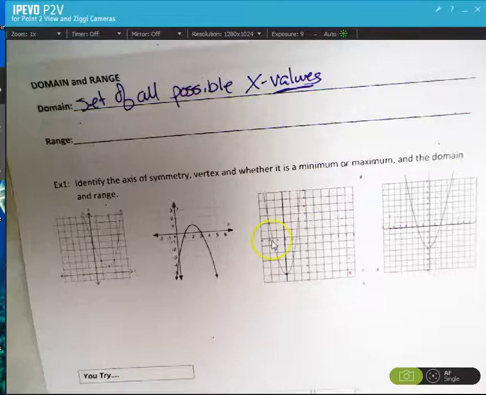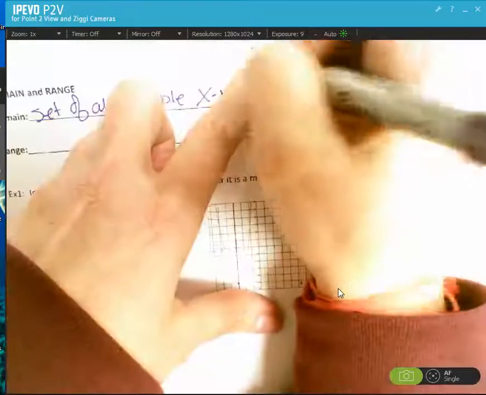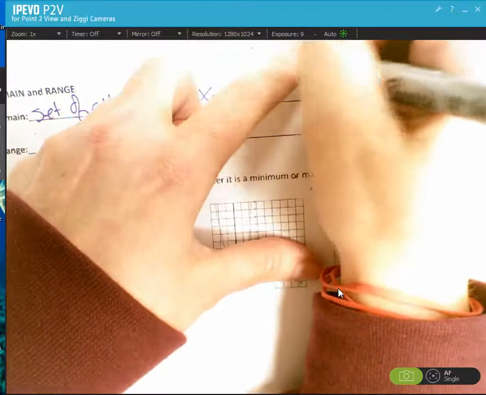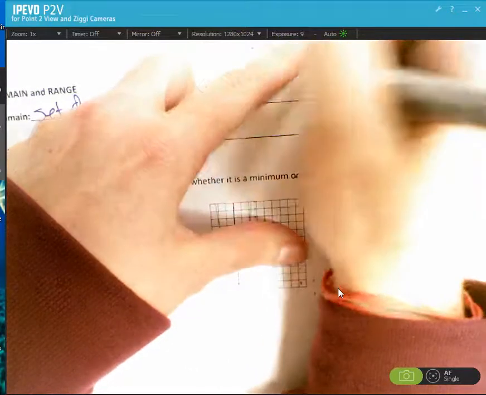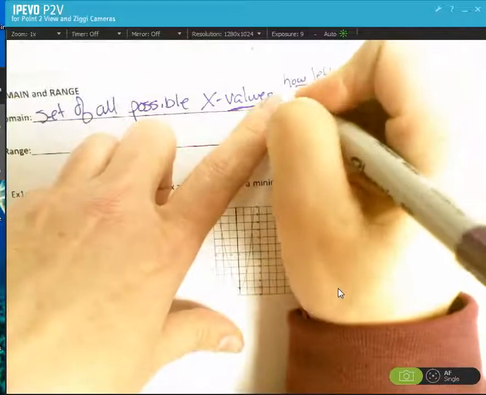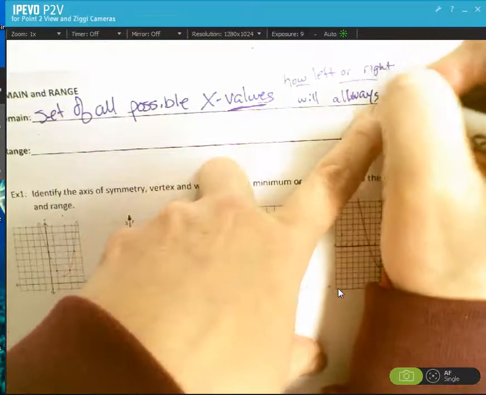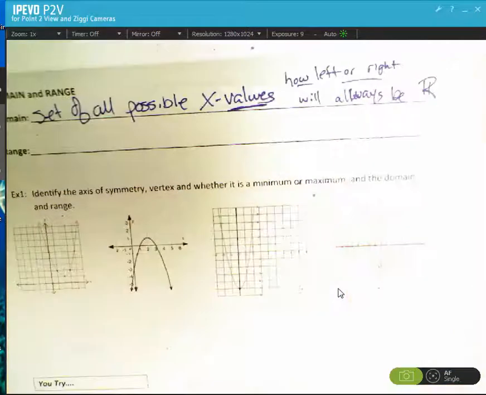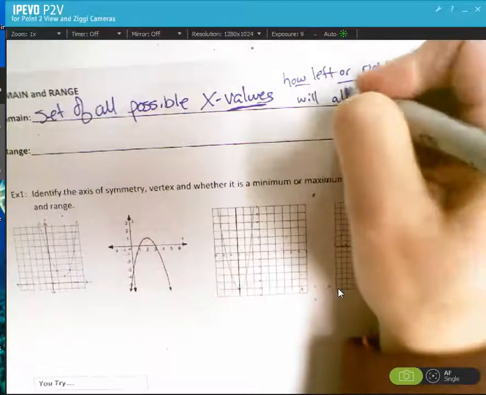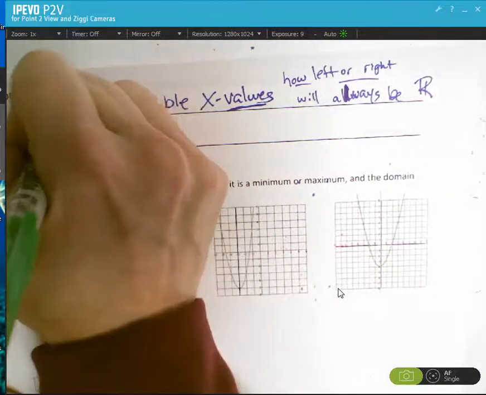So your domain is always going to be all real numbers. It's how far left or right the graph goes, and it will always be all real numbers. The range is your set of all possible y values.